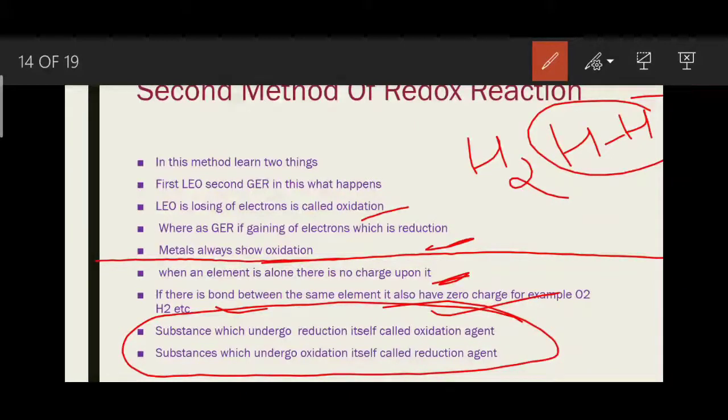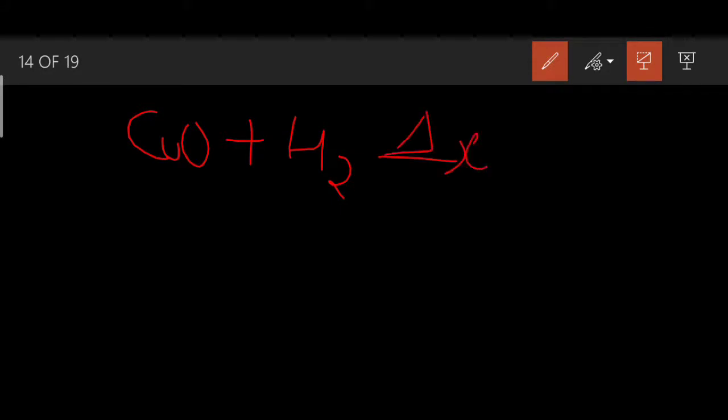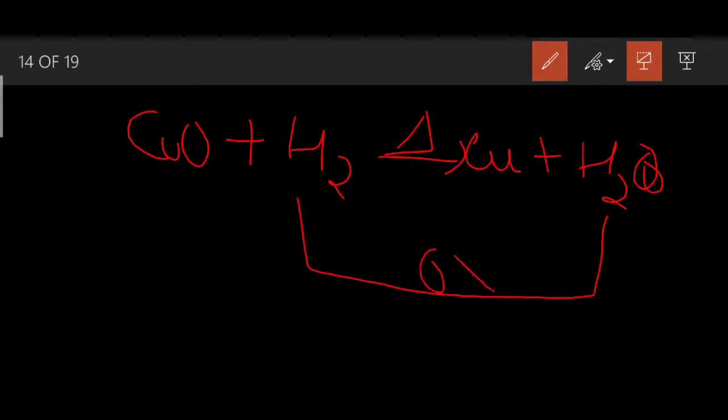A substance which itself goes through reduction, we will call it the oxidizing agent. For example, the example we just took, that is CuO plus H2 when provided heat gives us Cu plus H2O. Here what is going on, this is oxidation and this is going on reduction.